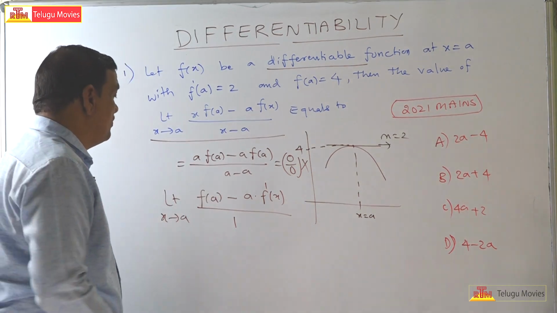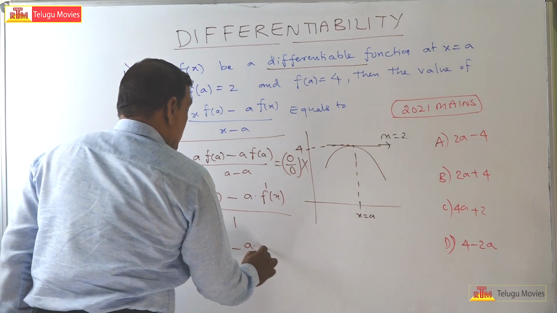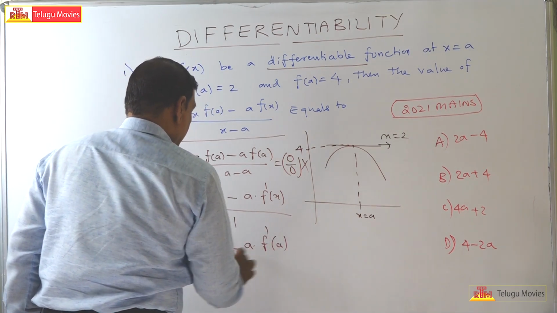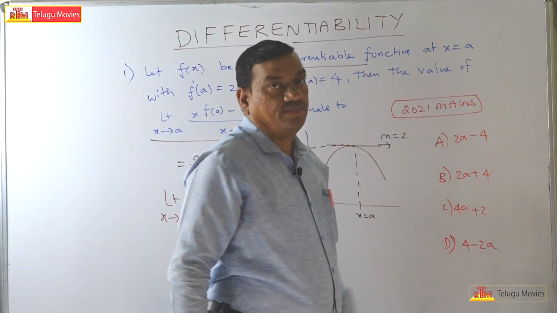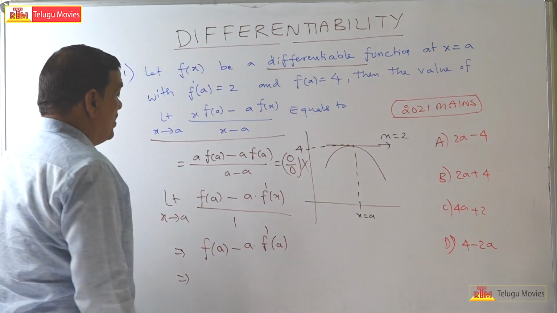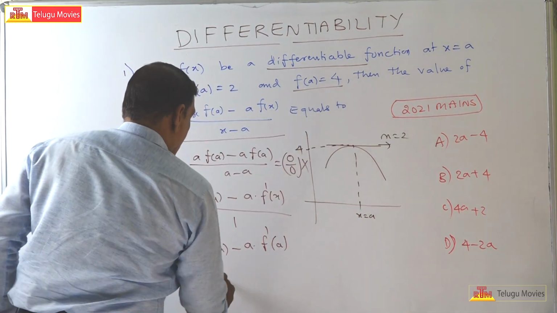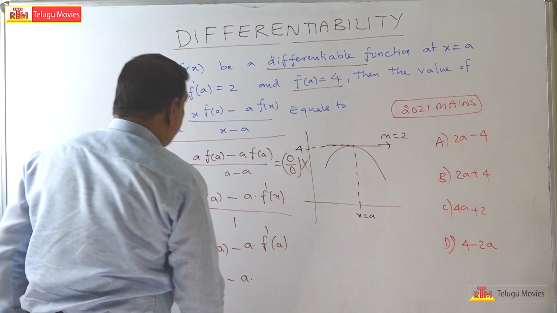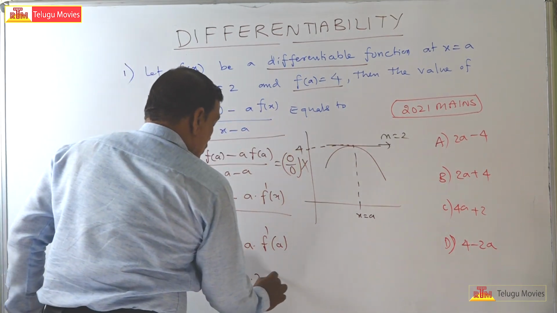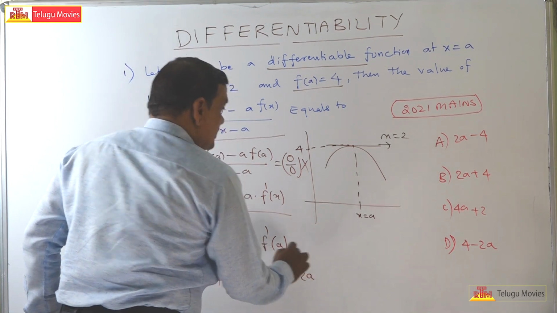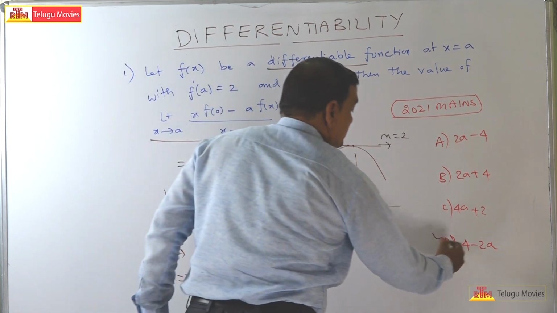Now substituting, this is equal to f of a minus a into f dash of a, at x is equal to a. Here the f of a value is given as 4, minus a into f dash of a, whose value is given as 2. Altogether 4 minus 2a is your answer. Understand? So option D is the right answer.